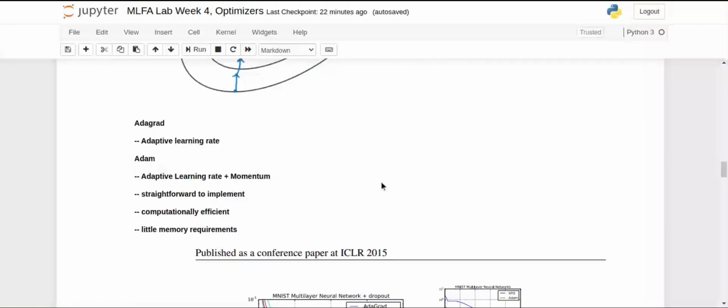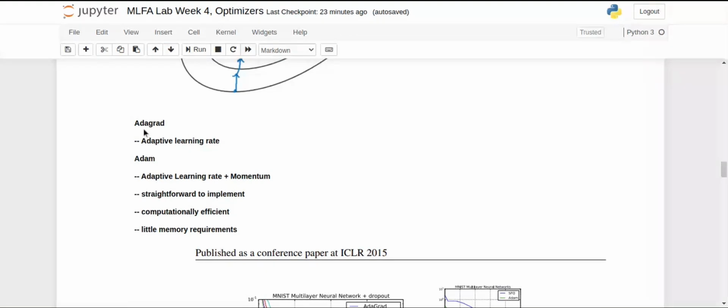In each epoch it will automatically take a different learning rate depending upon the minima point or global minima point. But in stochastic gradient descent or mini batch gradient descent, it will not do that automatically.